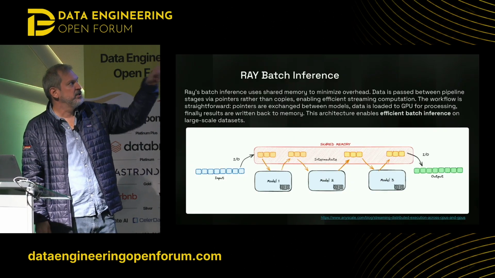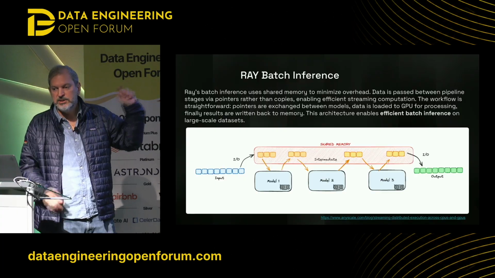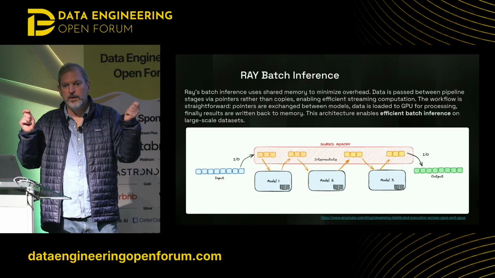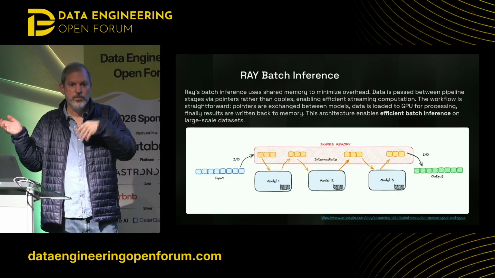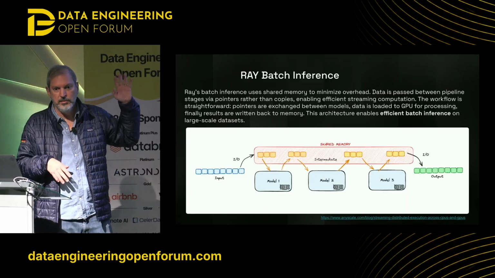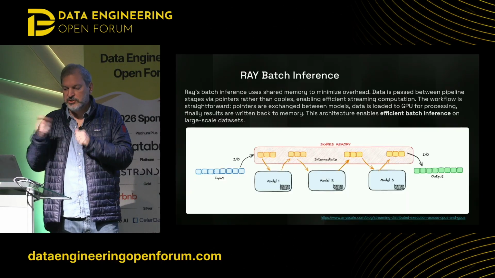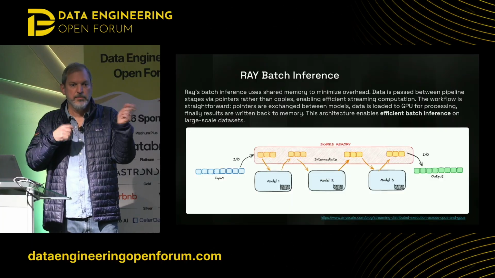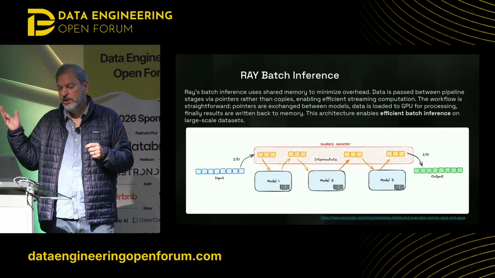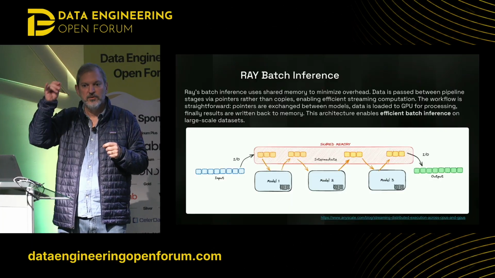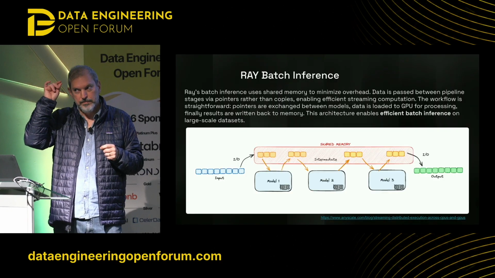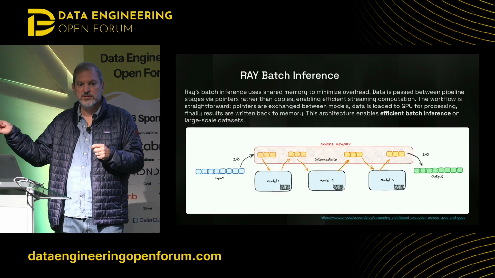So you can deploy machines with models, and the machines exchange pointers from memory. You don't have to copy the data from one place to another. The data lives in a memory location, so you can just exchange the outputs and inputs via pointers. And finally, another thread at the end picks the resulting batch and saves it to disk.